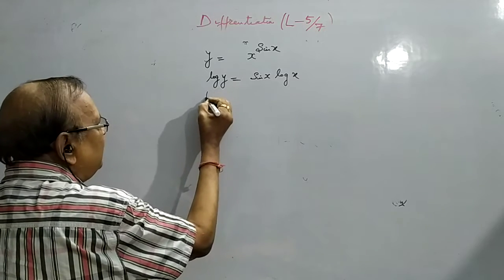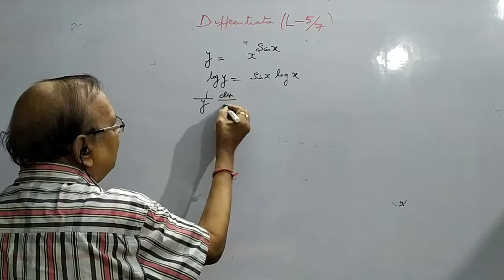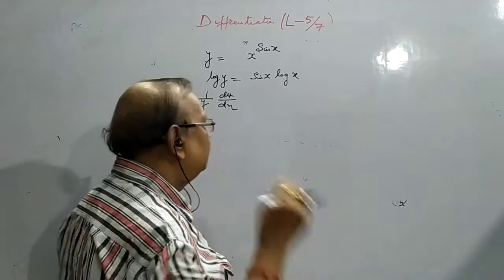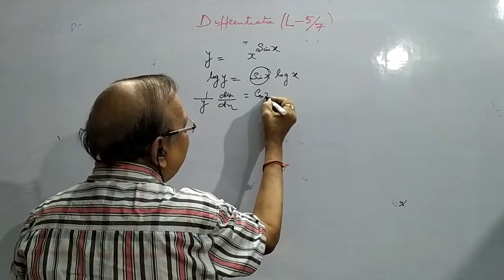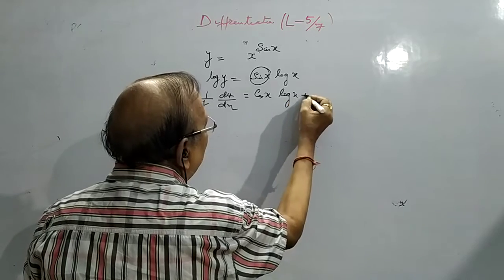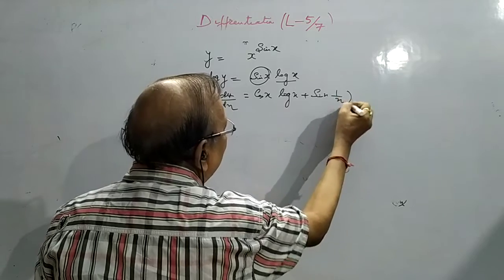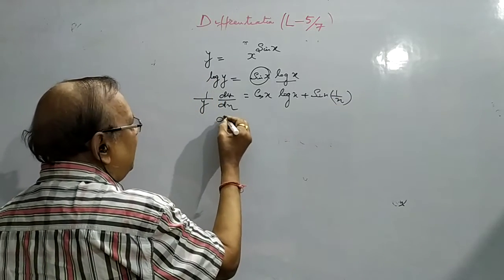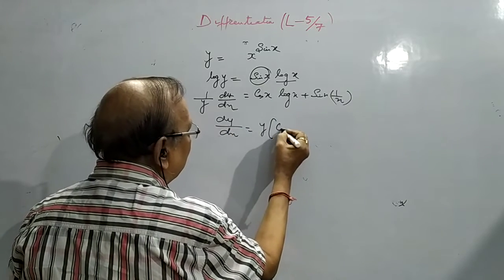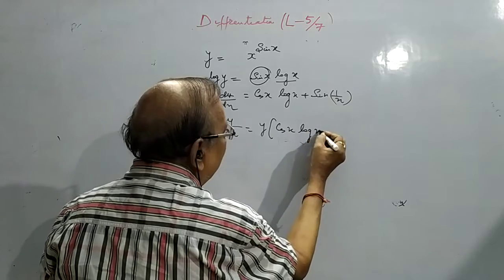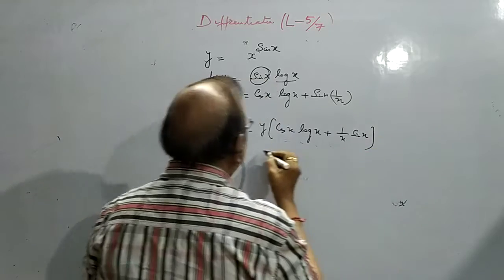By differentiating both sides with respect to x, 1 upon y dy by dx is equal to, differentiation of sin x is cos x, I am writing directly, cos x log x plus sin x d by dx of log x, that is 1 upon x. Now dy by dx is equal to y times cos x log x plus 1 upon x. So that is the answer.